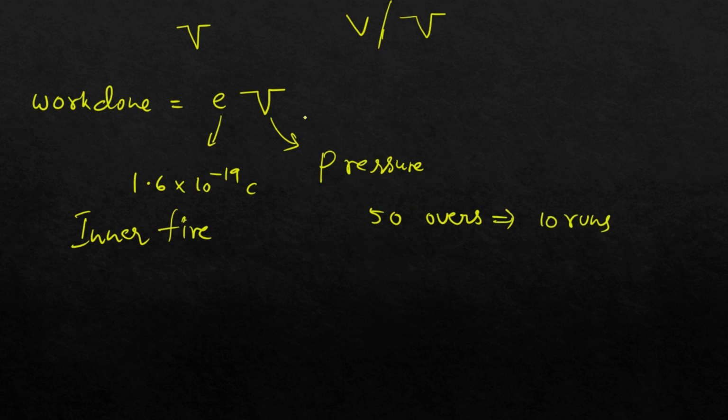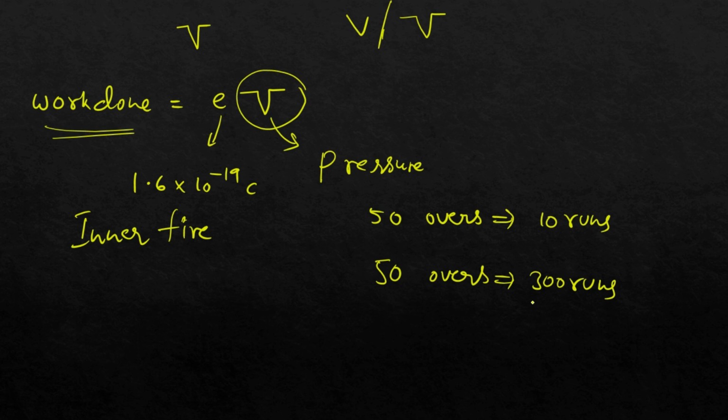Very less pressure. In the less pressure conditions, the outcome will be that work done will be less. Even though King Kohli has good fire, the work done will be less. But at the same time, if I am applying 50 overs 300 runs, meaning maximum pressure I am applying, in such cases, by multiplying his inner fire, the work done will be maximum.